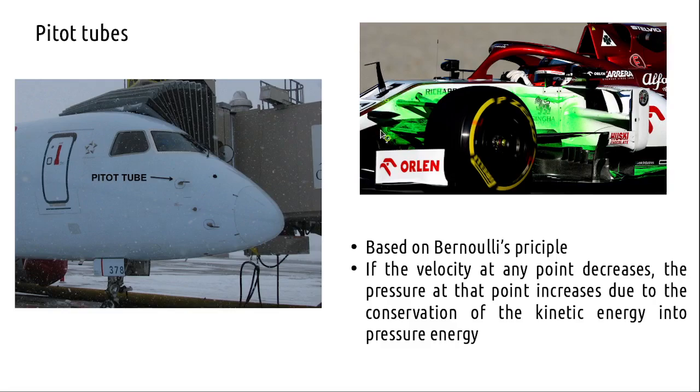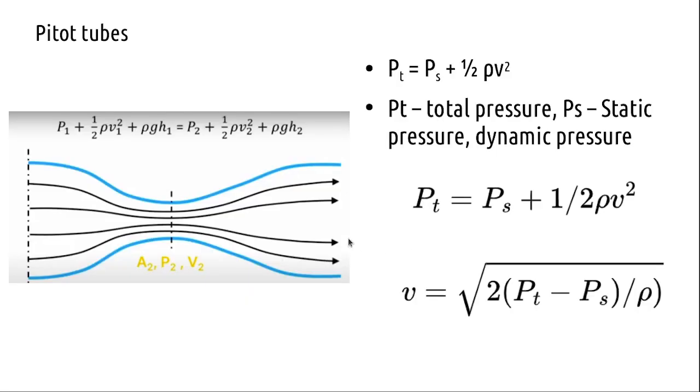They are studying these parameters of this vehicle. The Pitot tubes will be found at different places on an F1 car. This is on the front part of the car. Basically it is an application of Bernoulli's principle, and we'll see how it is utilized.